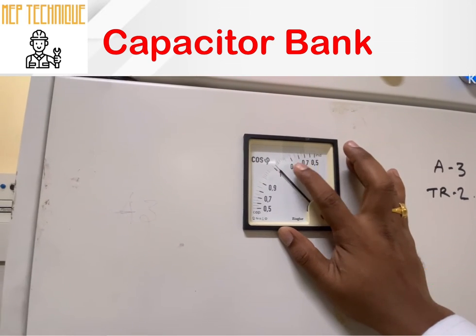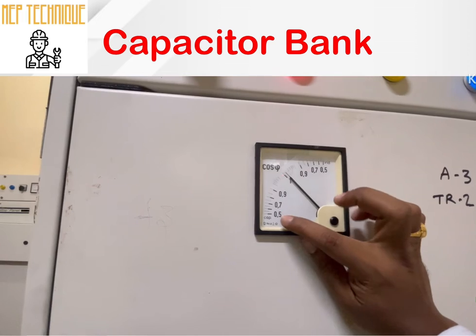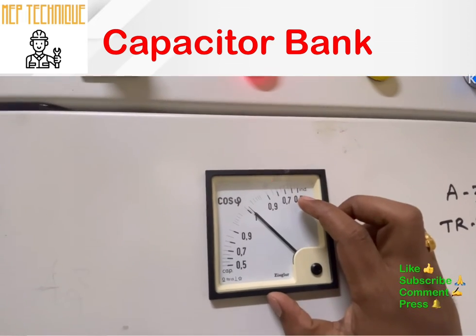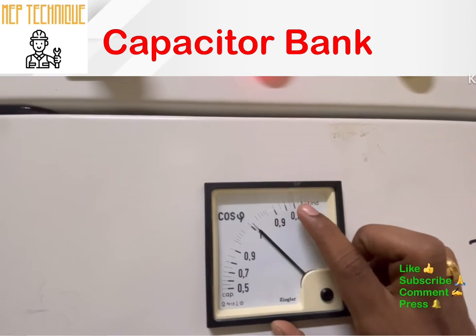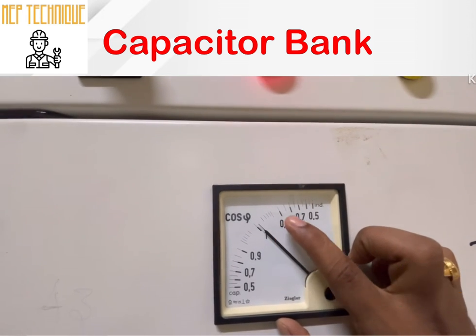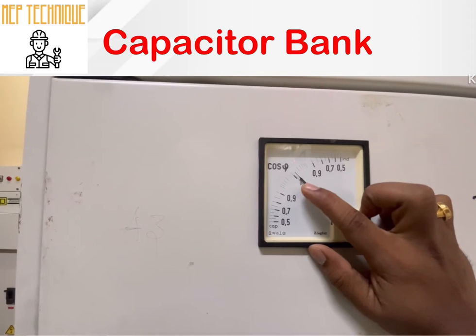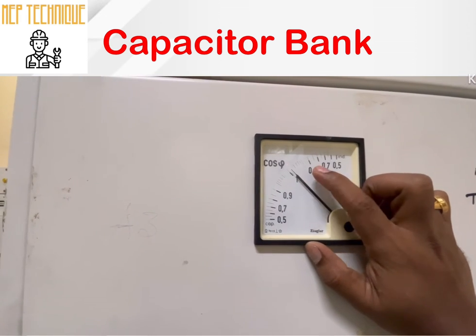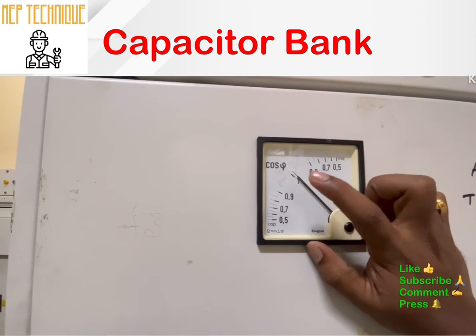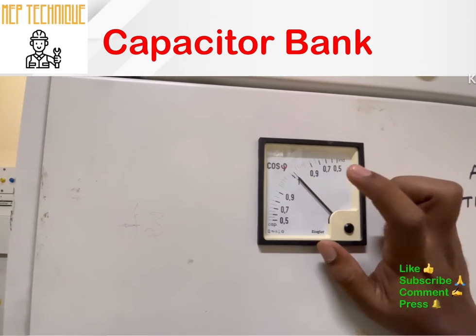This is the lagging, this is the leading. IND means inductive. Between 1 and 0.5 this area is inductive and this area is capacitive. So always we need to maintain the power factor between 0.9 to 0.99, and according to the regulation it should be lagging.